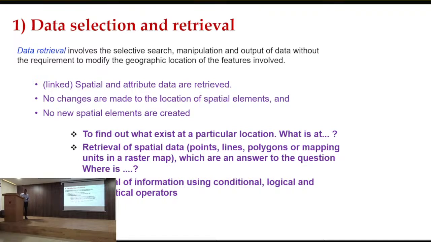Suppose the college has a spatial feature as one point on the earth. The corresponding non-spatial data, such as number of faculty, number of students, and the alumni details, all come as non-spatial data. This is very easy from the data selection point of view.